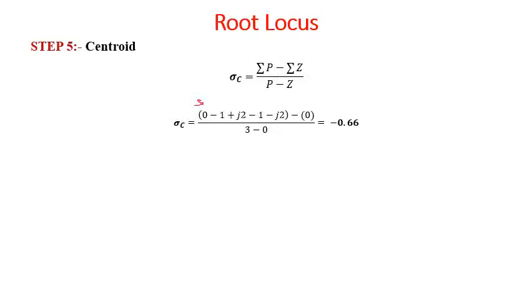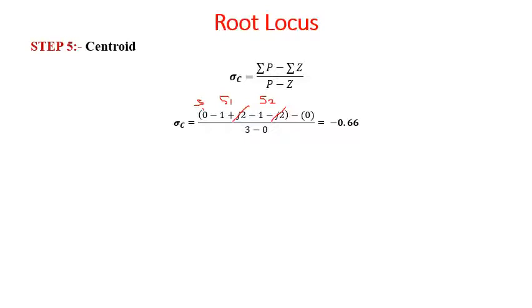Then s1 we had, that is minus 1 plus j2, and s2 we had, that is minus 1 minus j2. The plus j2 and minus j2 cancel, and since we don't have any zeros, it will be 0. So minus 1 minus 2, divided by 3, so you will be getting minus 0.66.